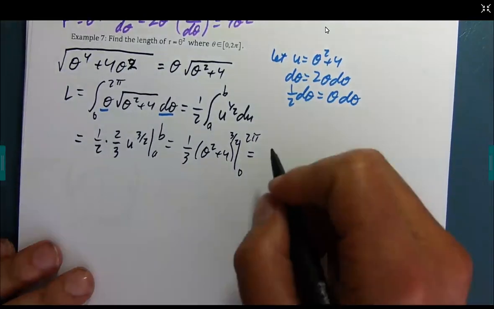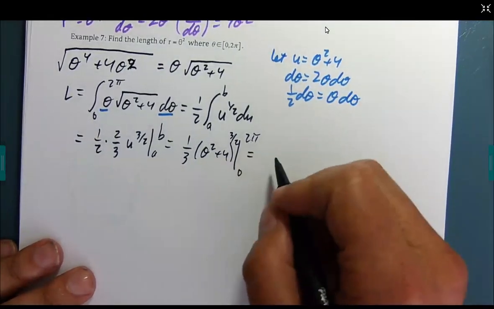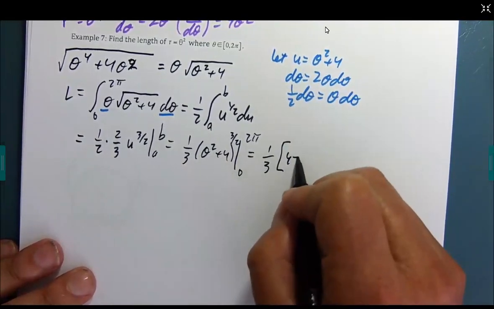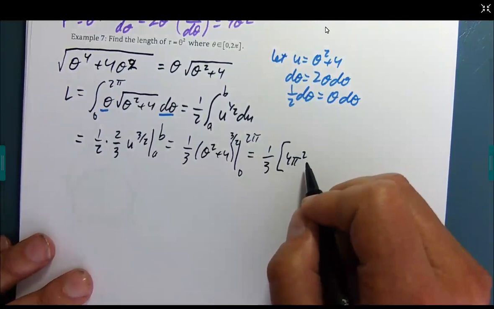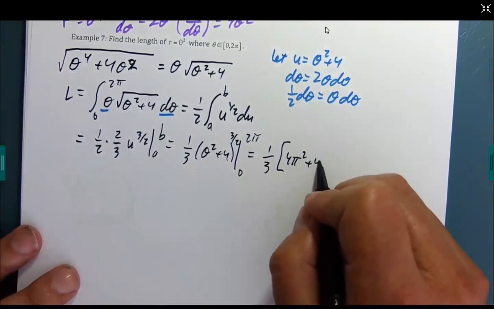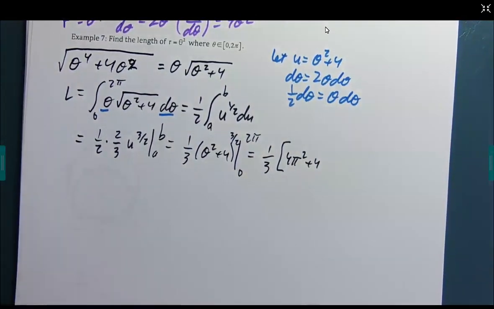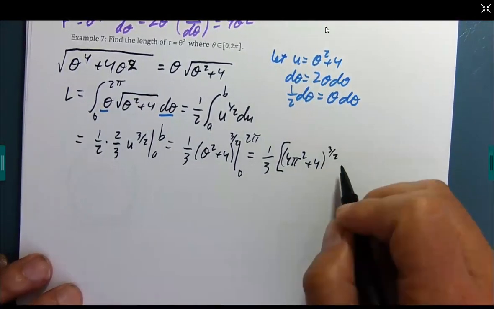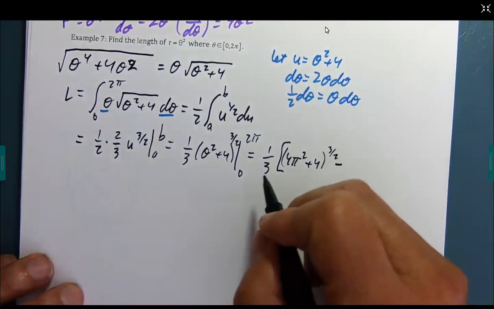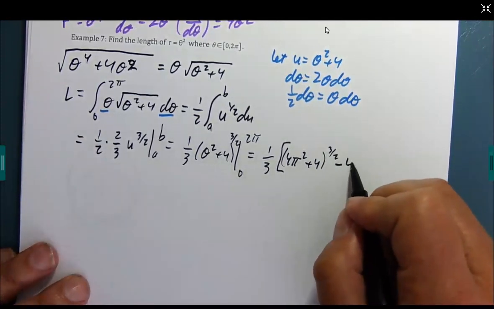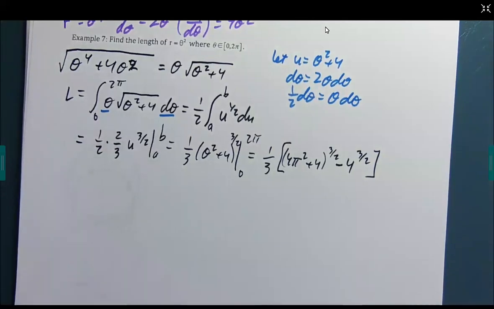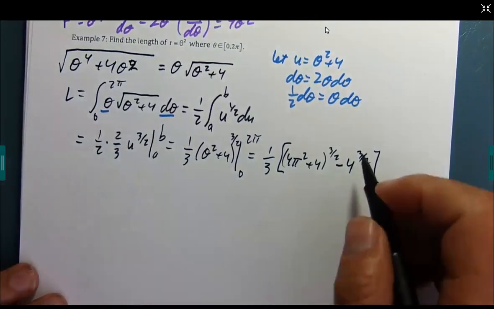All right, so let's see what we get. When we plug in 2 pi there, we're going to get 1/3 of 4 pi squared plus 4 to the 3/2 power minus 4 to the 3/2 power. And the 4 to the 3/2 power becomes an 8.